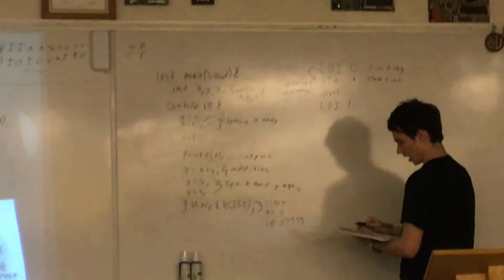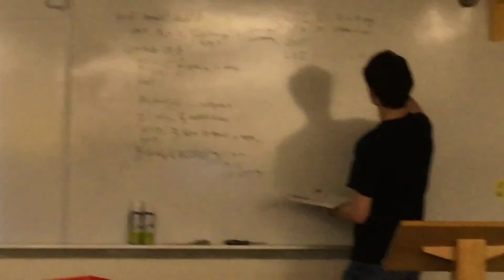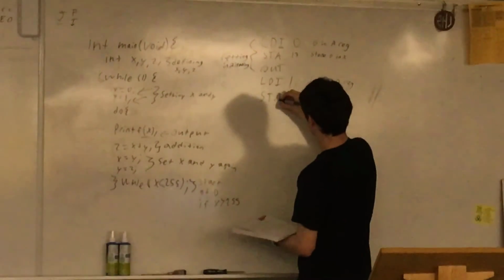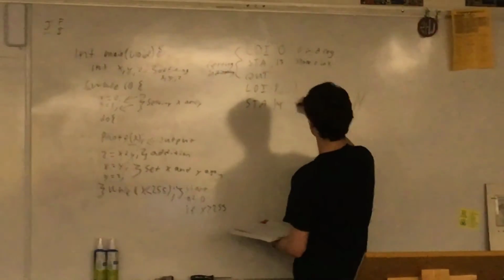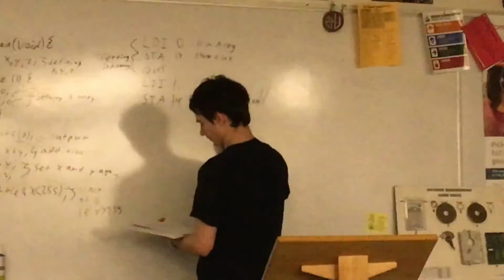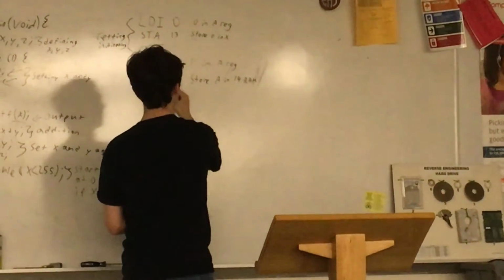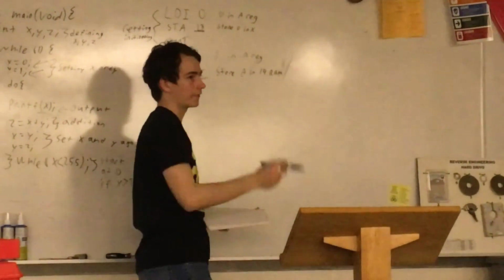So you would load a 1 in the A register, and then from there you would do a store A to address 14 of RAM. So this just means address. That's something to know. These are just addresses of RAM. So you would just store whatever value in RAM to that specific address.